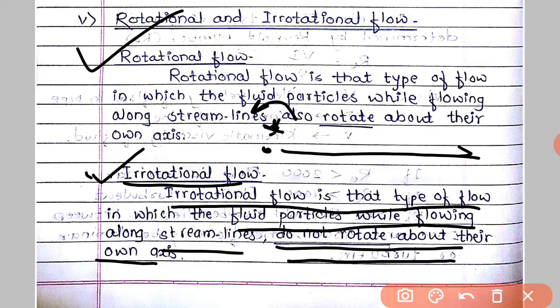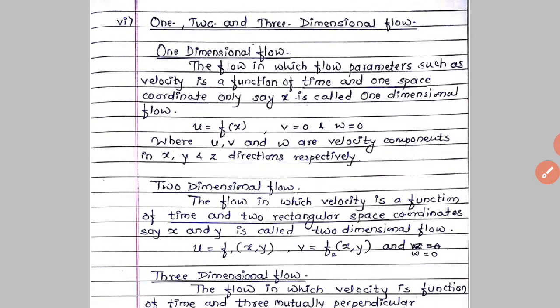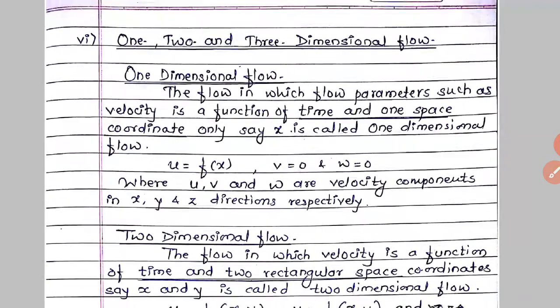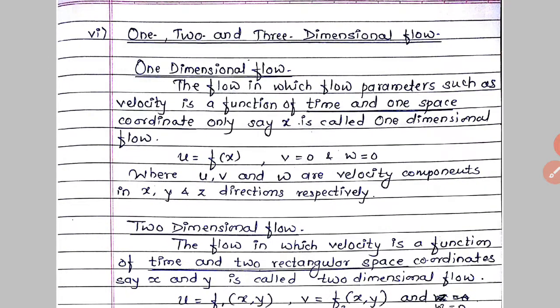Now the last point in different types of fluid flow is one dimensional, two dimensional and three dimensional flow. So what is 1D flow, what is 2D flow and what is 3D flow? Now we are going to see 1D, 2D and 3D flow.